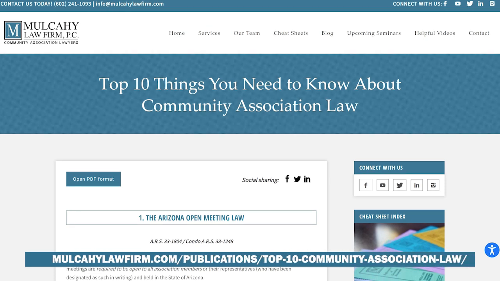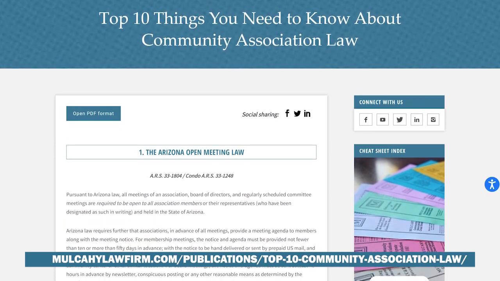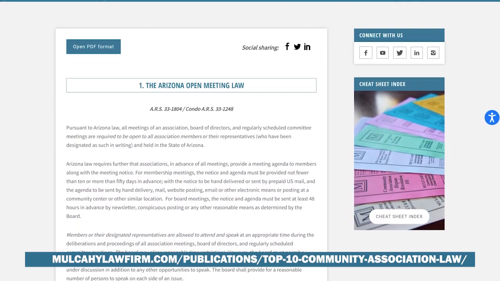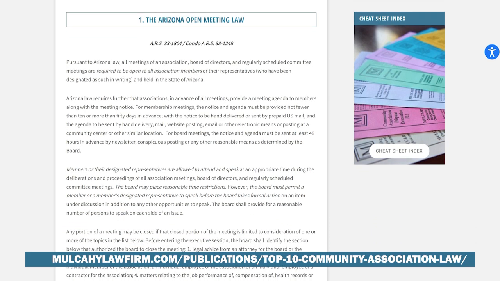Otherwise, anybody could do the audit, review, or compilation based on the loose language of the statute. And if you want more information on that, our top 10 cheat sheet on our website has the statute number and a little bit more analysis on the audit for you. And remember that the audit, review, or compilation for the 2024 books will need to be completed by June 30th, 2025.